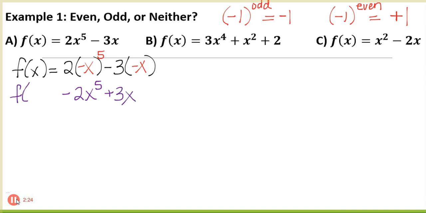And I should probably replace this here because we're actually putting in a negative x. Notice how f of negative x is exactly the opposite of f of x. Because it's the opposite, I know that this is an odd function.